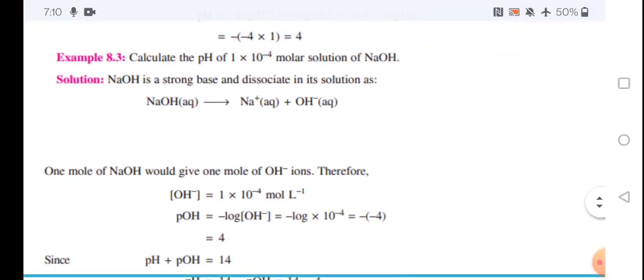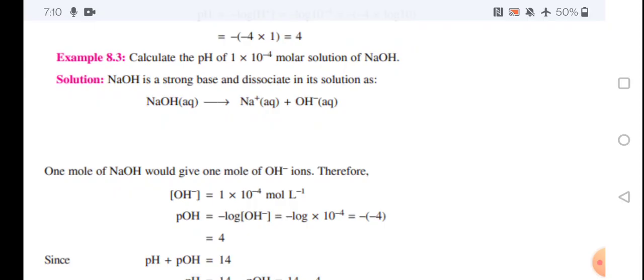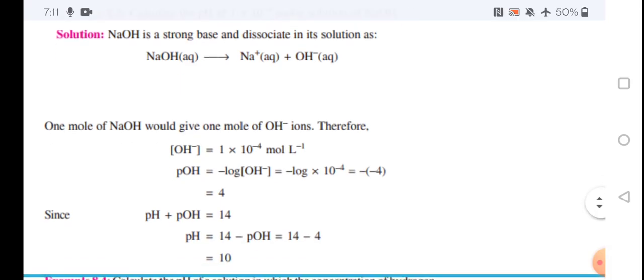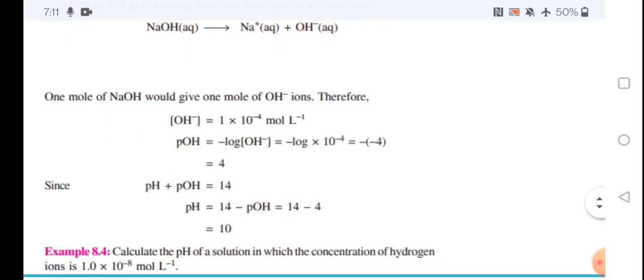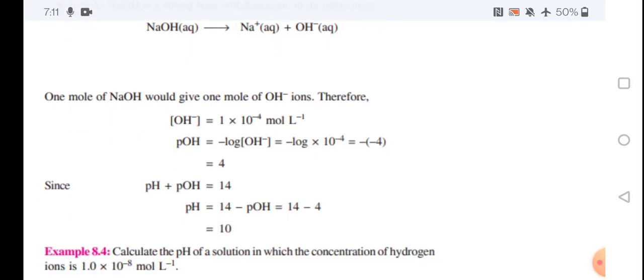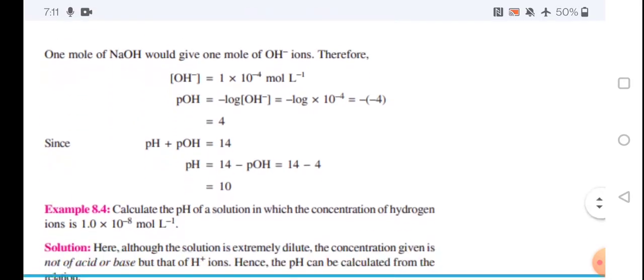So to find the pH value, we have one relation, that is 14 is equal to pH plus pOH. See, this is pH plus pOH is equal to 14. Substituting the value of pOH, we get pH, that is the power of hydrogen value, equal to 10.